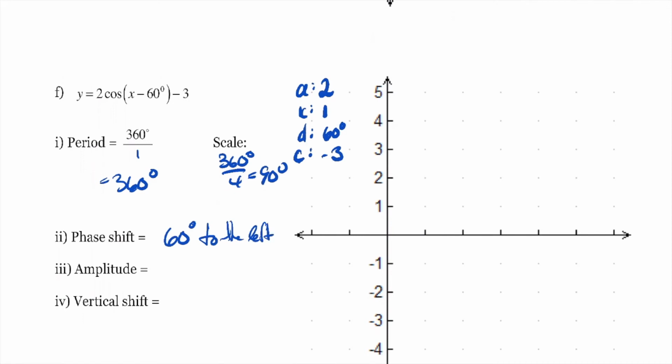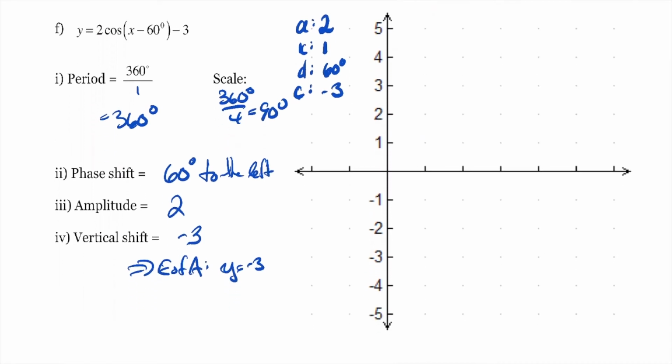And then we have the amplitude of 2. And the equation of axis, or the vertical shift, is 3. So that implies the equation of axes is y is equal to minus 3. So let's draw the equation of axes there.